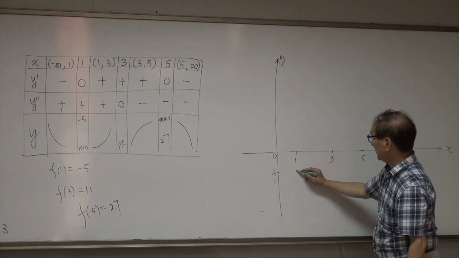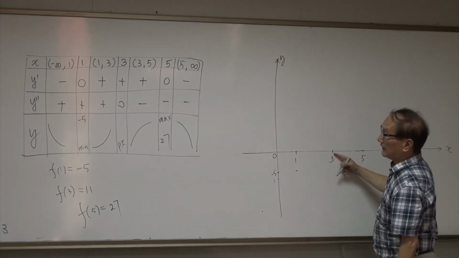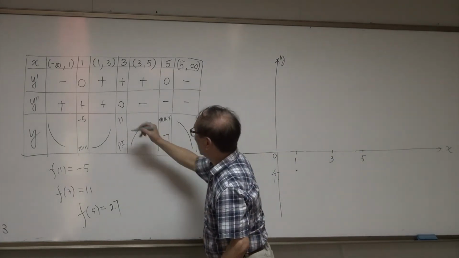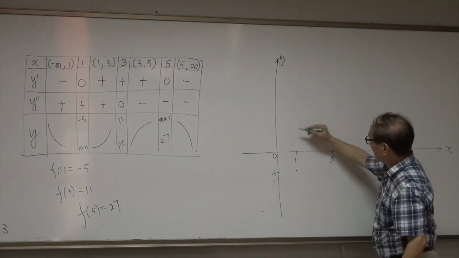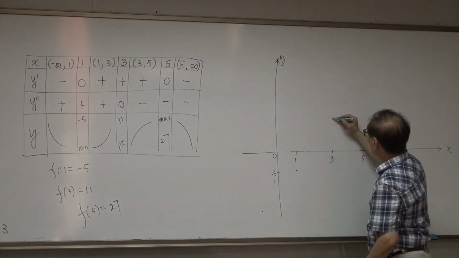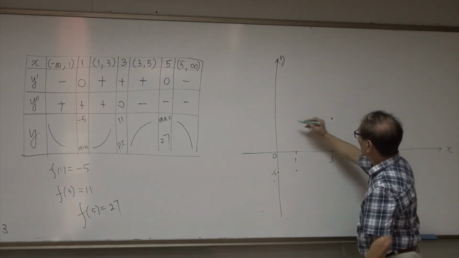Yeah, this is the point. And the 3, 11. 11 is, this is 5, 10, 11, somewhere here. This is 11, right? This is 10.